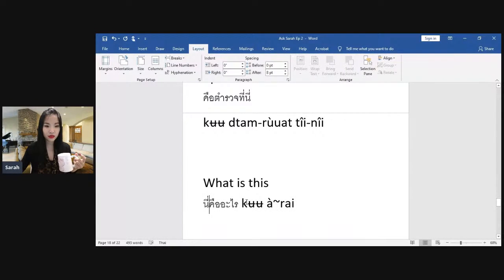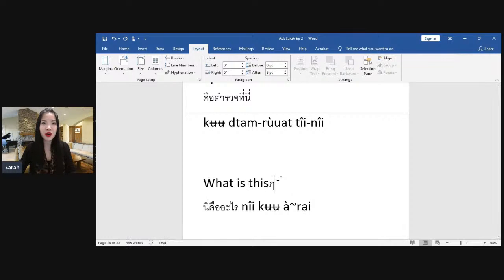You can drop คือ here: นี่อะไร. นี่แก้ว, a cup or a mug, right? นี่อะไร, นี่คืออะไร, right? Definition, you can add คือ here. You're not going to say นี่เป็นอะไร.